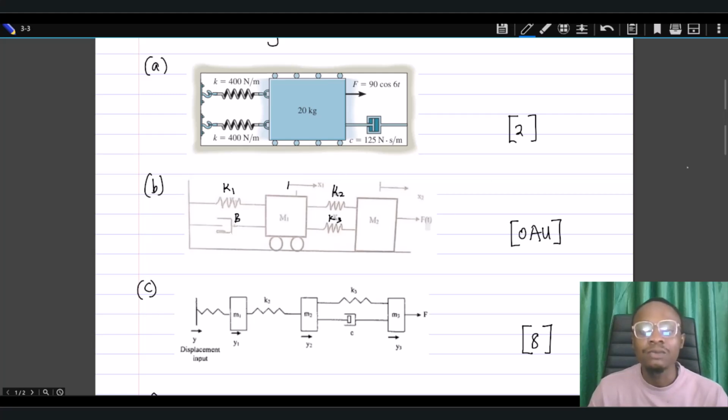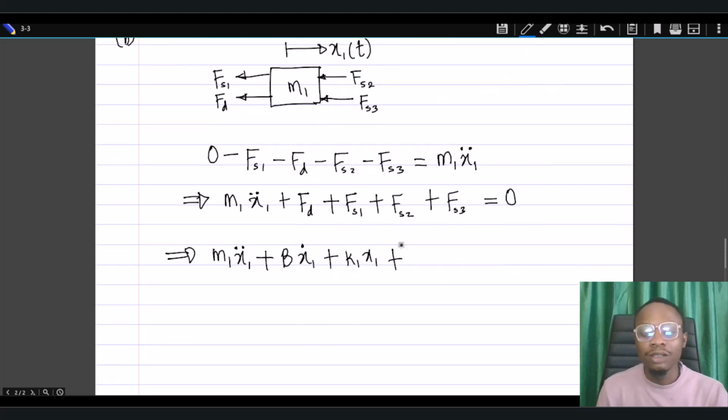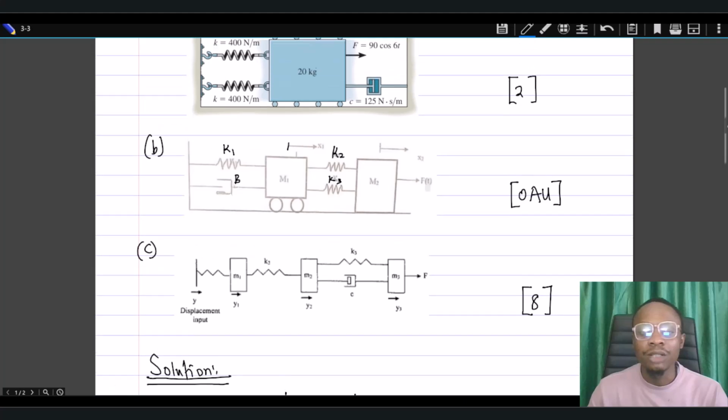So let us insert that now. So this will be plus K2 multiplying x1 minus x2. Then we have the last one, which is force due to the spring 3 on this mass. So let's get back here. So this is the spring 3.